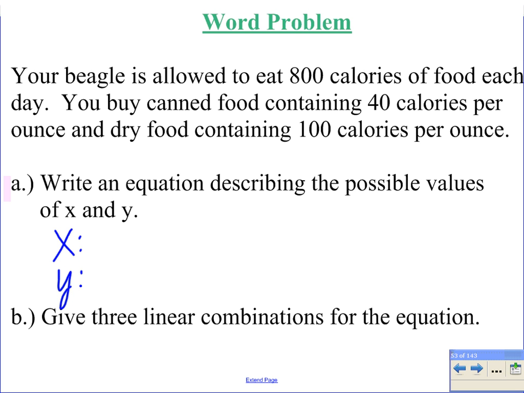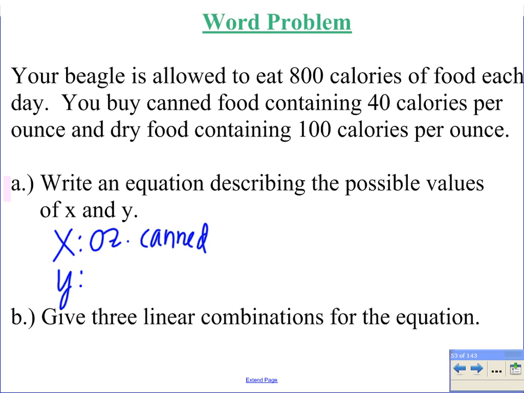We have to define what x and y is, because they're asking about x and y, but they didn't tell us about x. It's not going to be calories. Maddie? Canned food, okay. So one is going to be canned food, but it's the ounces of canned food, because it's 40 per 1 ounce.